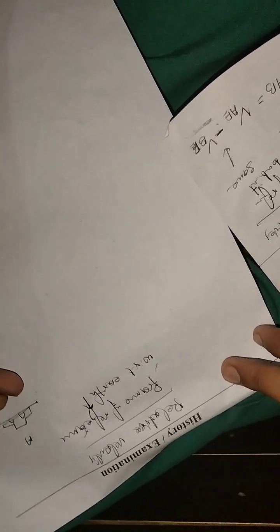So here is a case. Let's say we have car A moving in this direction with a velocity of 40 km per hour, and another car B traveling with 30 km per hour.